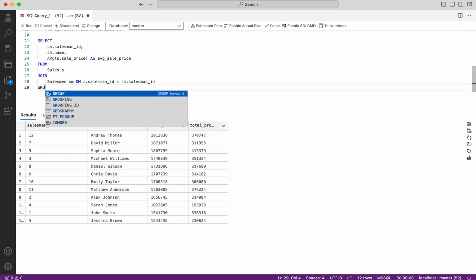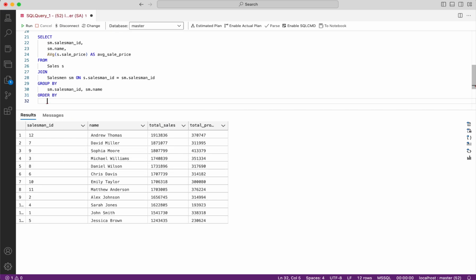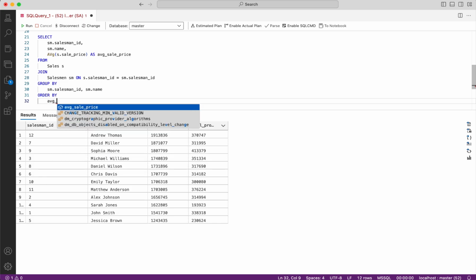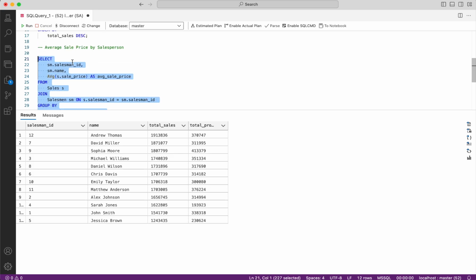We need to make sure to group by salesman ID and also name. And we need to order by average sale price in descending order. So let's see if we did this correctly. Hopefully we did.